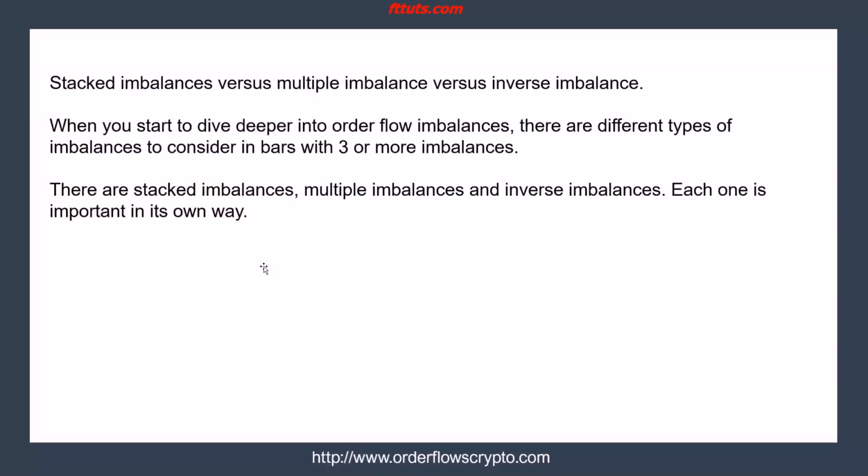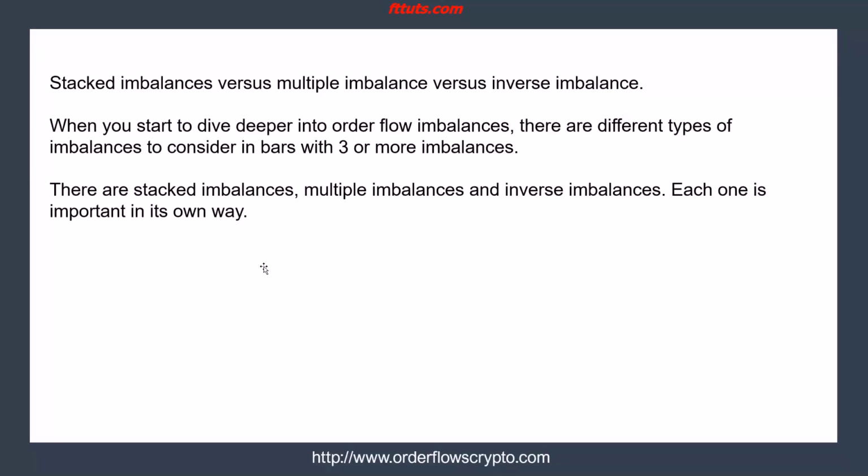Now, there are different types of imbalances when they come in groups, so to speak, right? We have stacked imbalances, multiple imbalances, inverse imbalances. And that's the beauty of order flow, because not only do you have that information, but you could dive deeper into order flow imbalances, right?